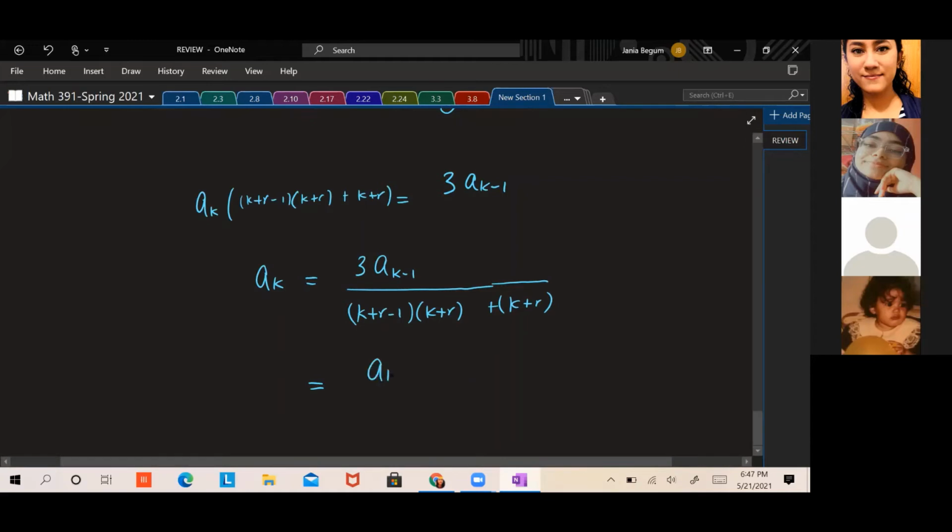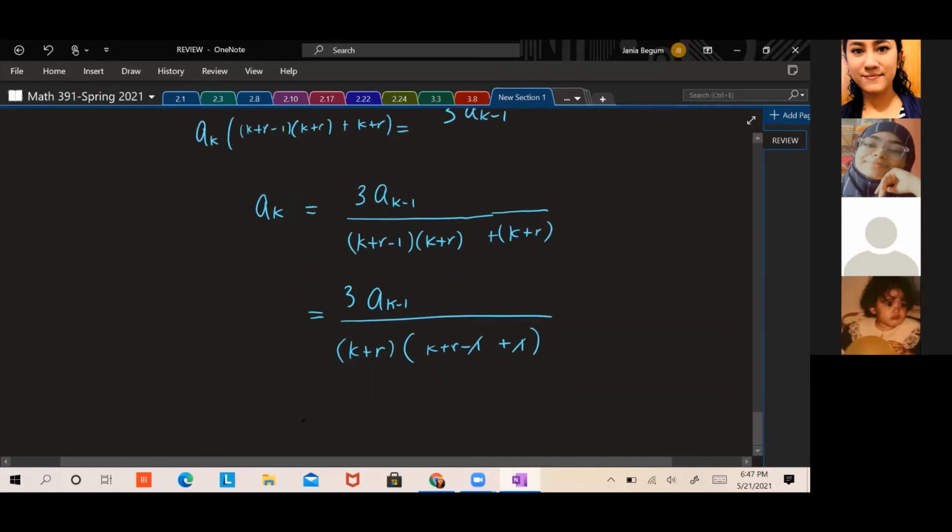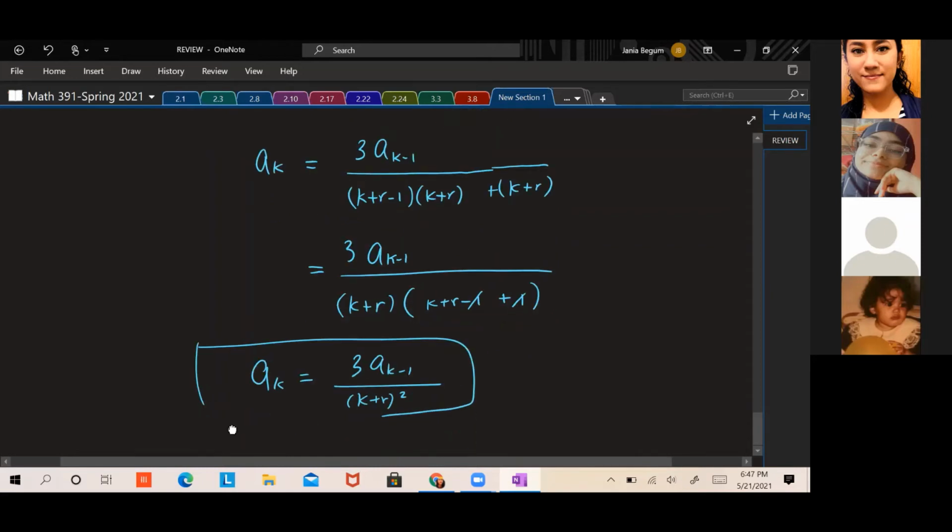So I can factor k plus r, and then you have k plus r minus 1 plus 1, and then these cancel out. So like you said, this is just k plus r squared. So yeah, you can simplify so that way you can get your coefficients quickly. Good point. Thank you, Matira.